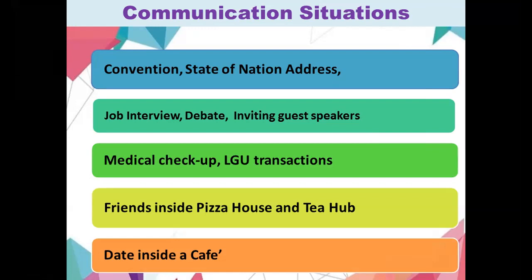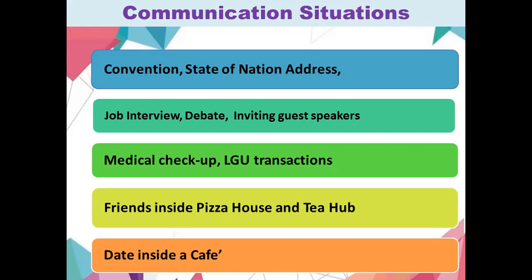This is a challenge to everybody: know the communication situations that you are in, meaning the setting and the audience or the receiver of the information. You are always going to consider the receiver of the message and the setting, because this will help you modify, reinvent or recalibrate the words that you are using in the conversation.